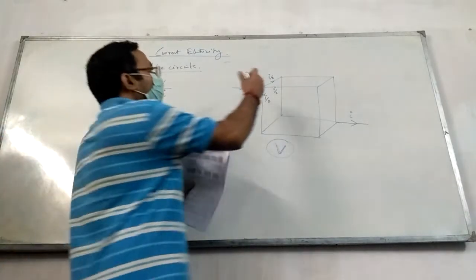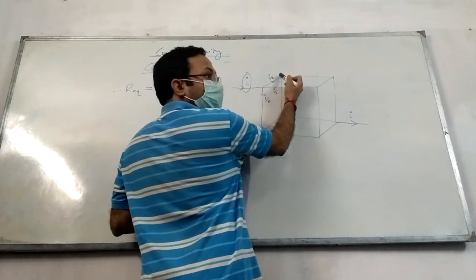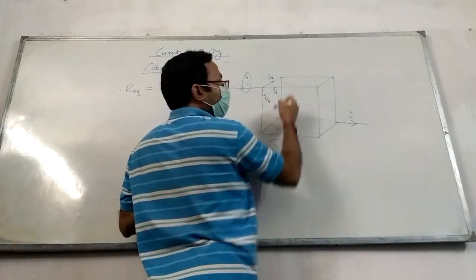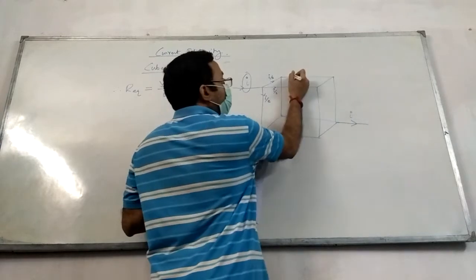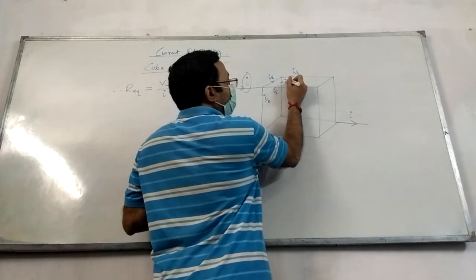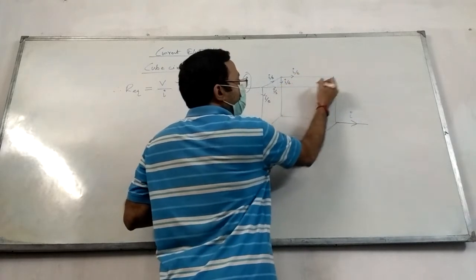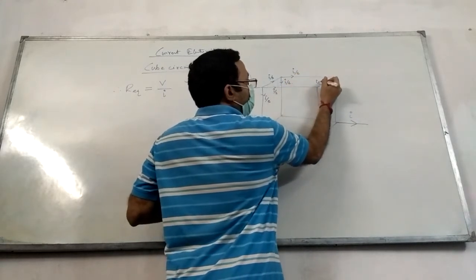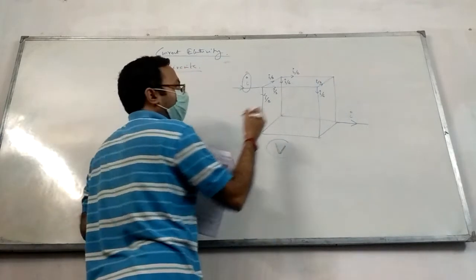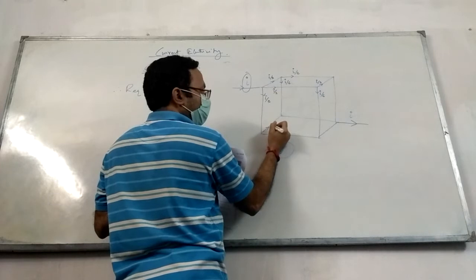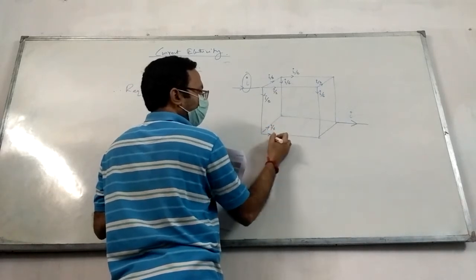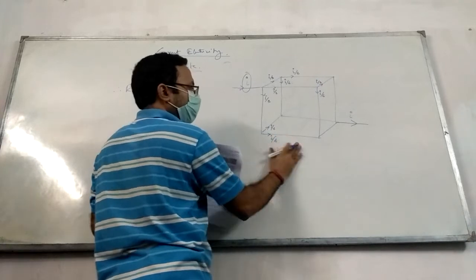Now, when this current reaches this junction, it again has 2 paths which are again symmetrical. So this will be I by 6, I by 6, I by 6, and I by 6.